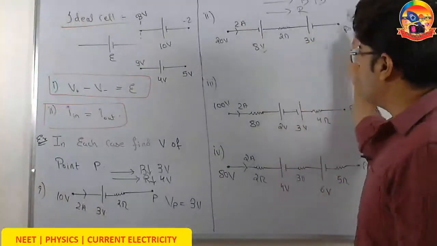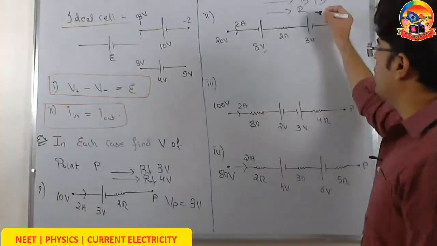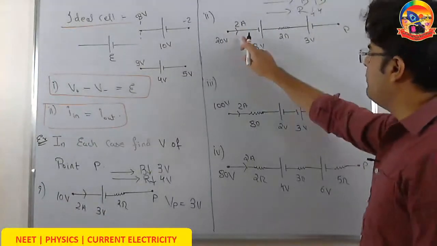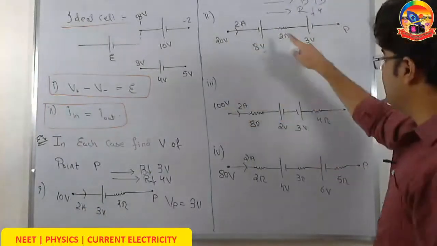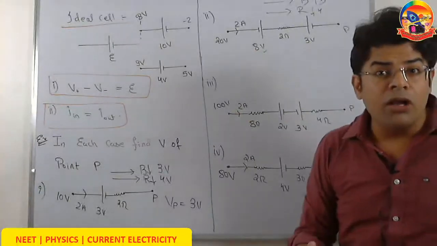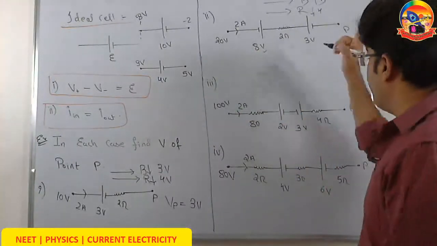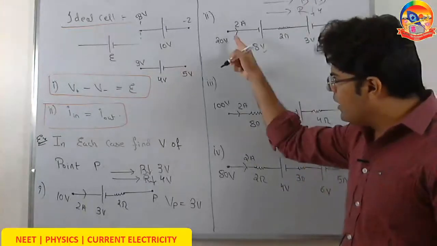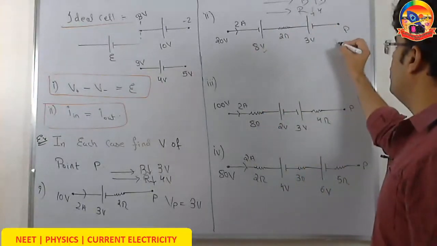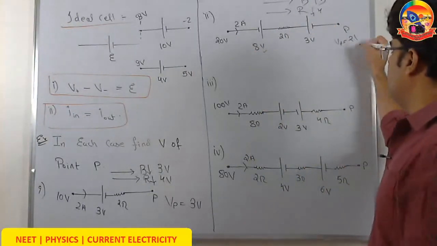So because of this resistor, the potential decreases by 4. So because of the batteries it increases by 5, because of the resistor it decreases by 4, overall increases by 1. If the overall potential increases by 1 and here the potential is 20, then there the potential has to be 20 plus 1, that is 21.